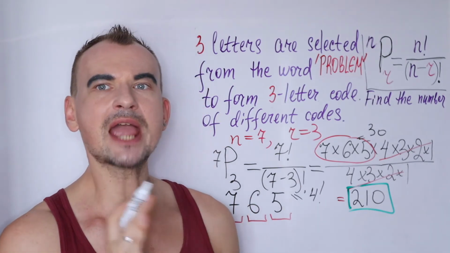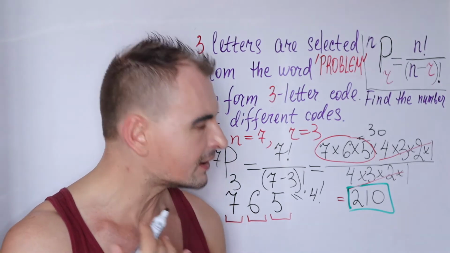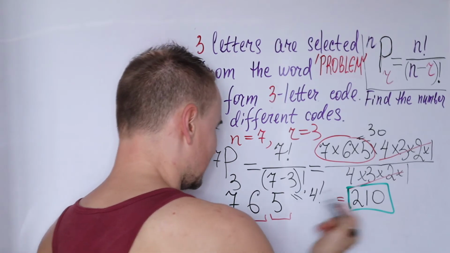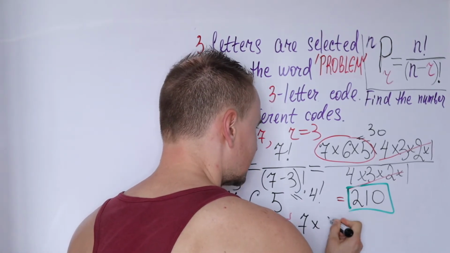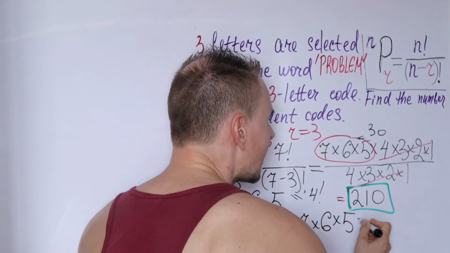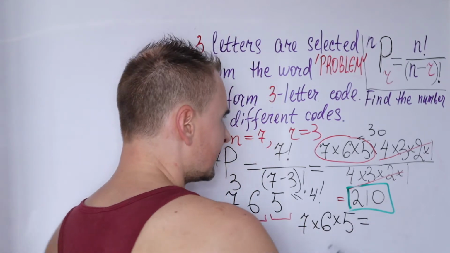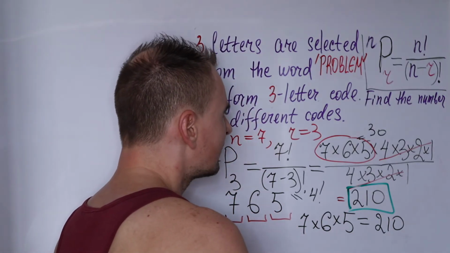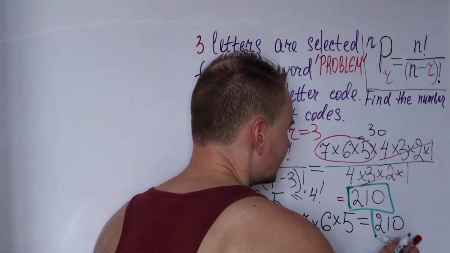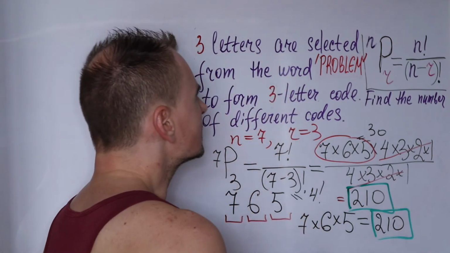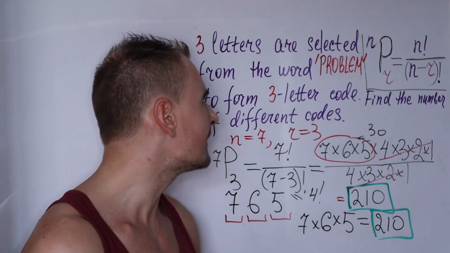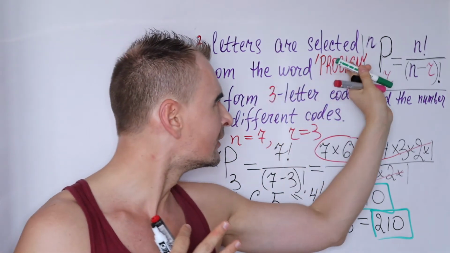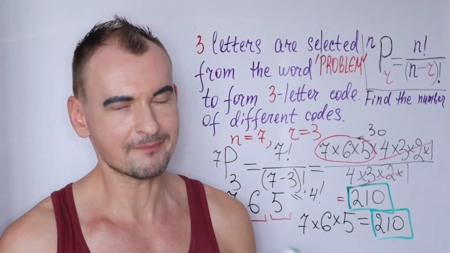And all you need to do, according to a multiplication rule or a counting principle, is just multiply through these 3 numbers. So 7 times 6 times 5, and you would have precisely the same answer for this problem. So it's 210 different 3-letter codes that could be formed using the letters from this word.